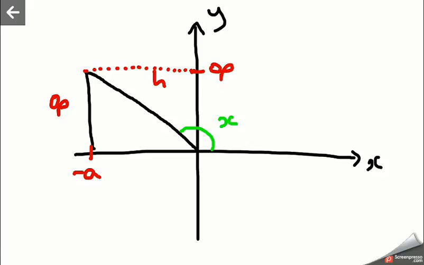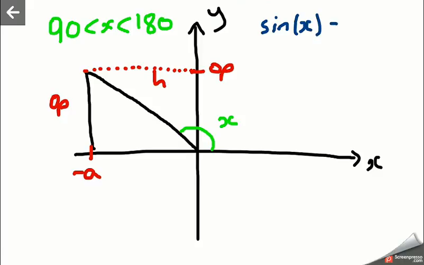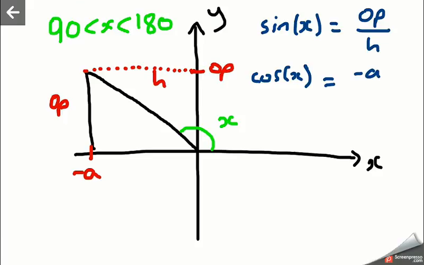So for x between 90 and 180, we can now clearly see that a sensible definition, if we're going to define it by reflecting triangles, is that sine of x is still equal to OP divided by h, and cosine of x this time is equal to negative A divided by h.